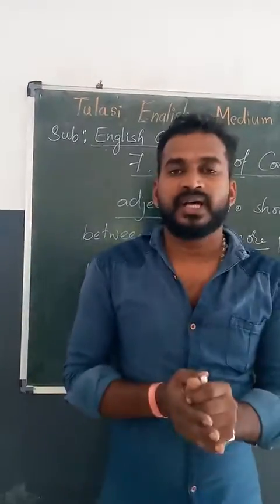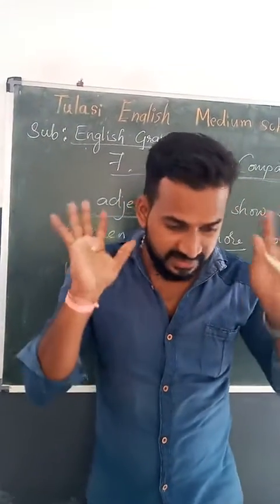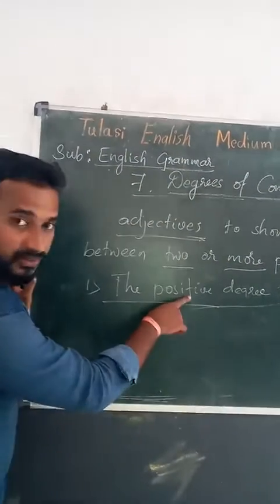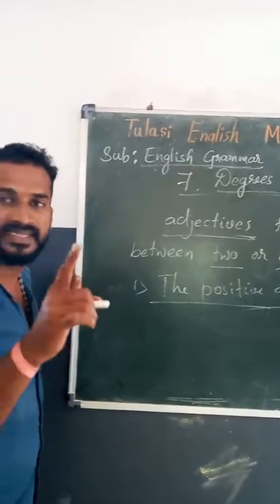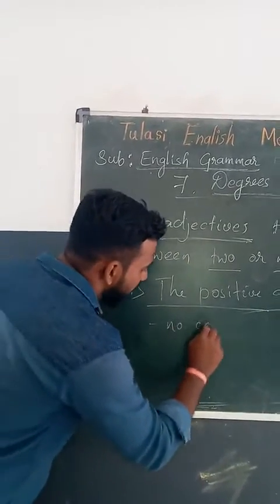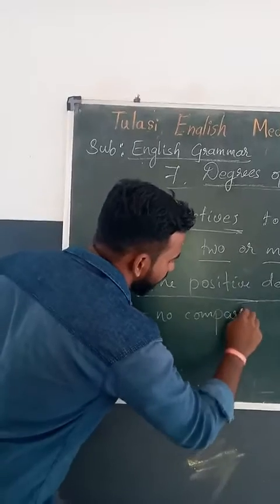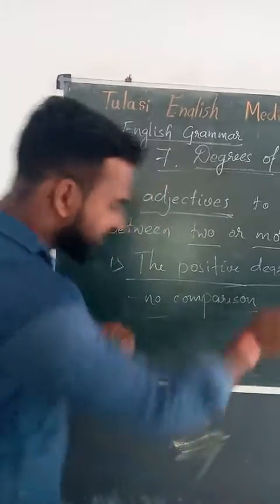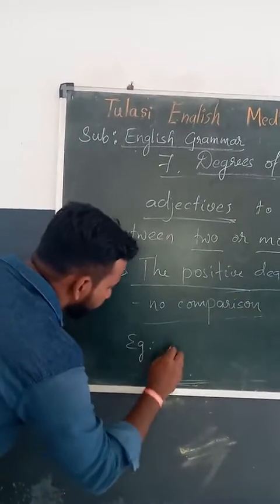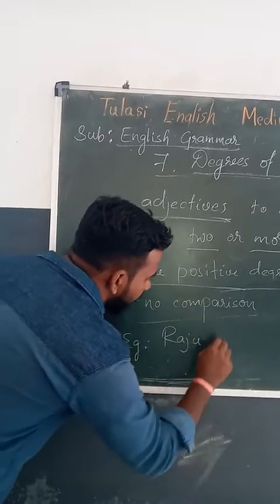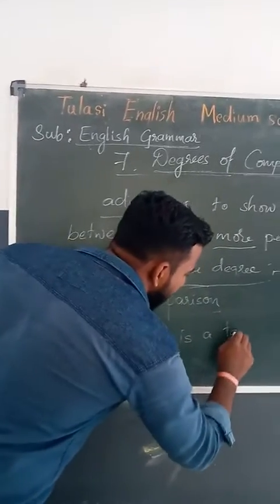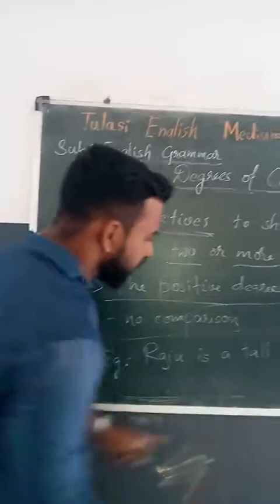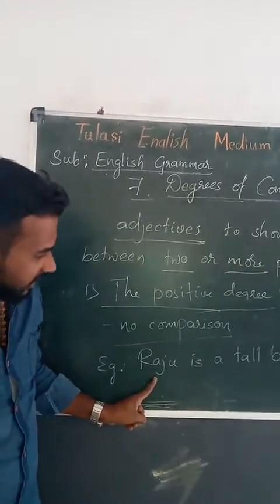Here, adjectives are used when no comparison is involved. See, in a positive degree, we use adjectives when no comparison is involved. See, very clear. No comparison. For example, Raju is a tall boy. Here, Raju is a noun.